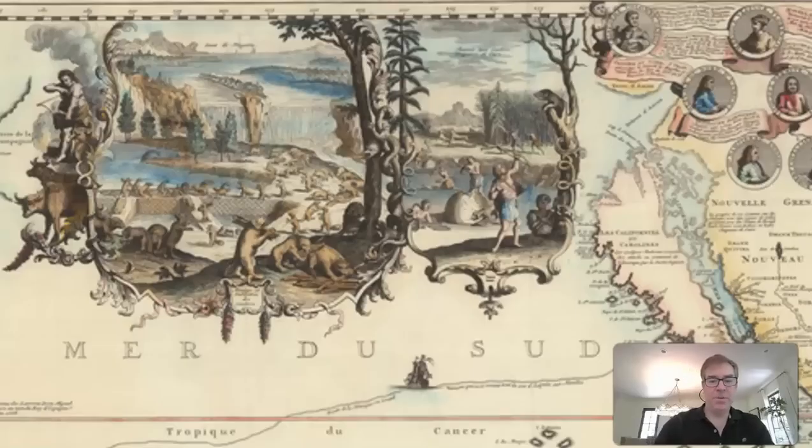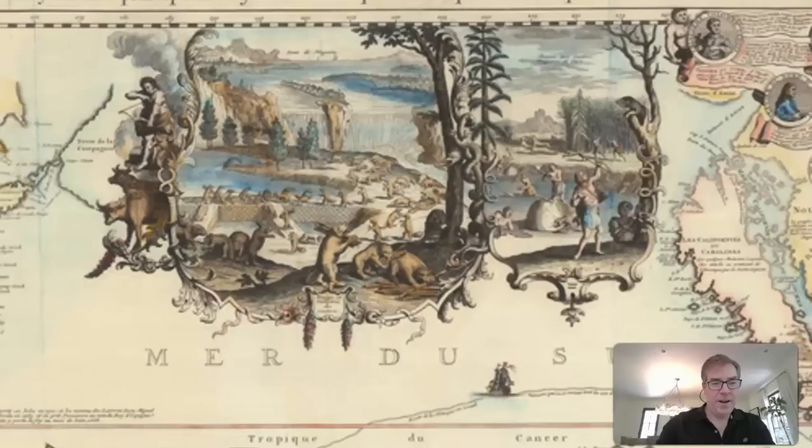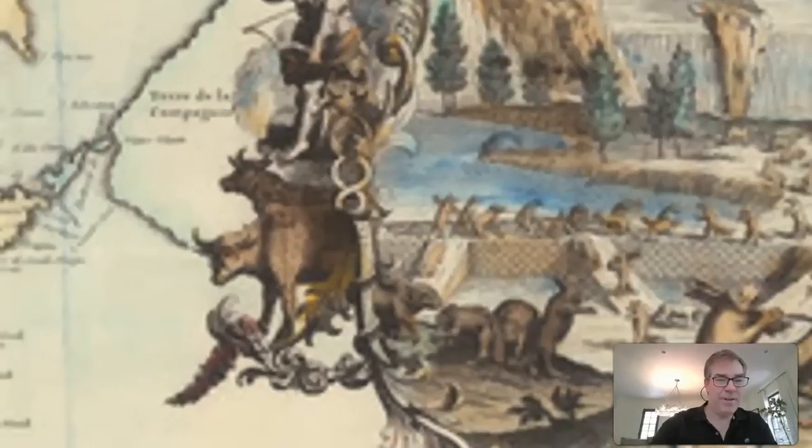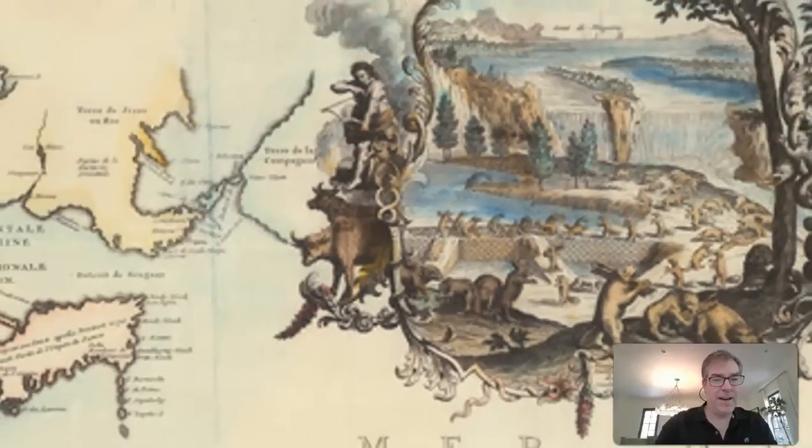But at that time, it was still showing a hint of it. That's blurry, but it says the land of the camp, Terra di Campagni, and the Strait of Vries between it and Tartary.